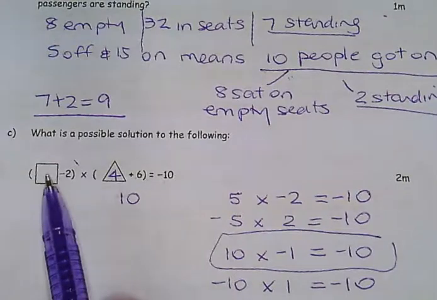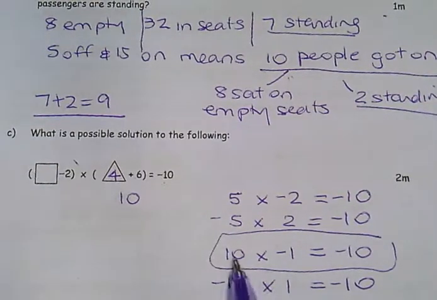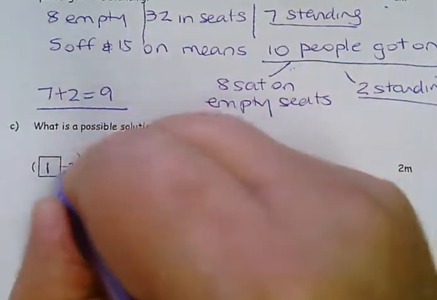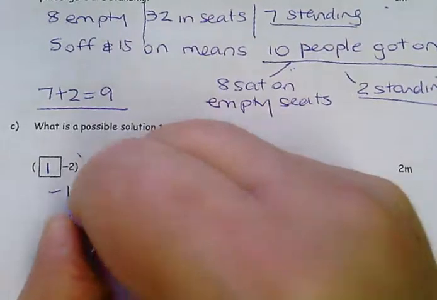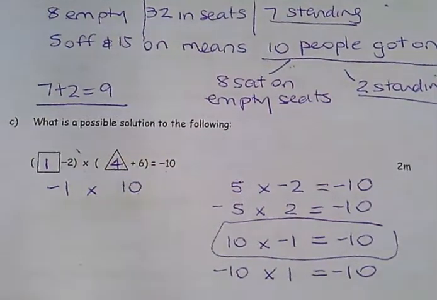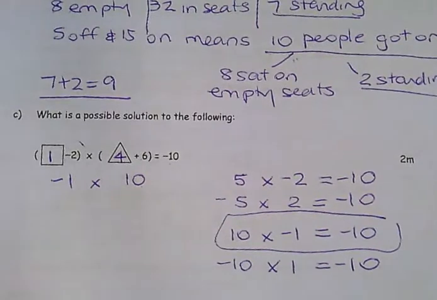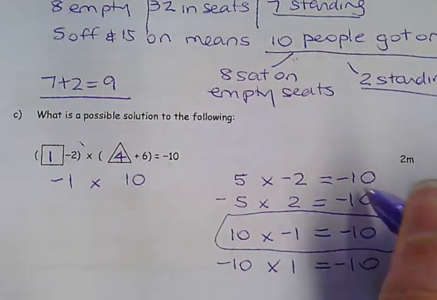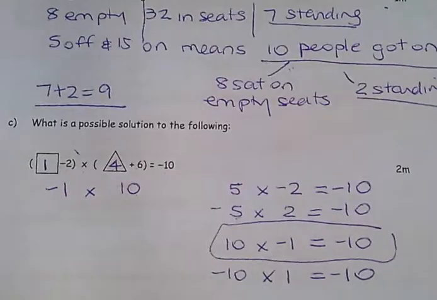And if I want to make this negative 1, right, so negative 1 times 10, remember, is the same as 10 times negative 1. If I want to make this one negative 1, it would be 1 minus 2 is negative 1. So that would be negative 1 times 10 is negative 10. Now that's just one possible solution. There are many others that we could put. You could try any of the others, okay?